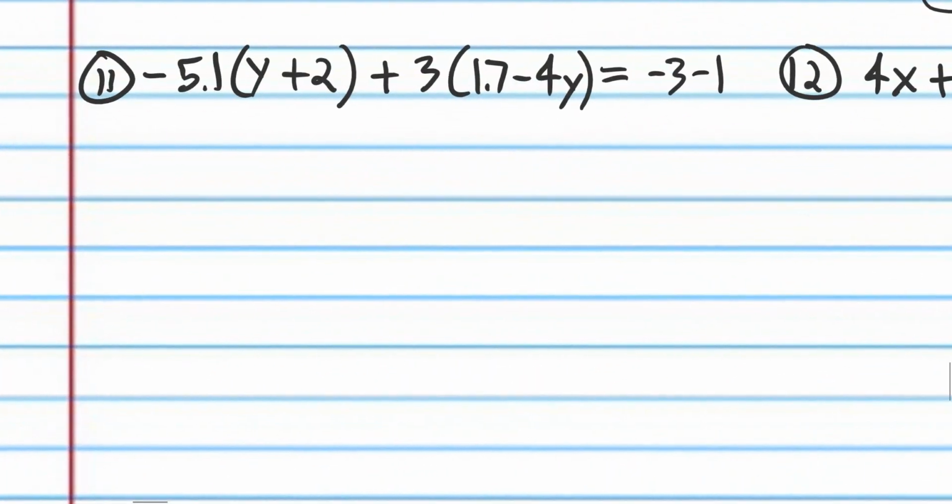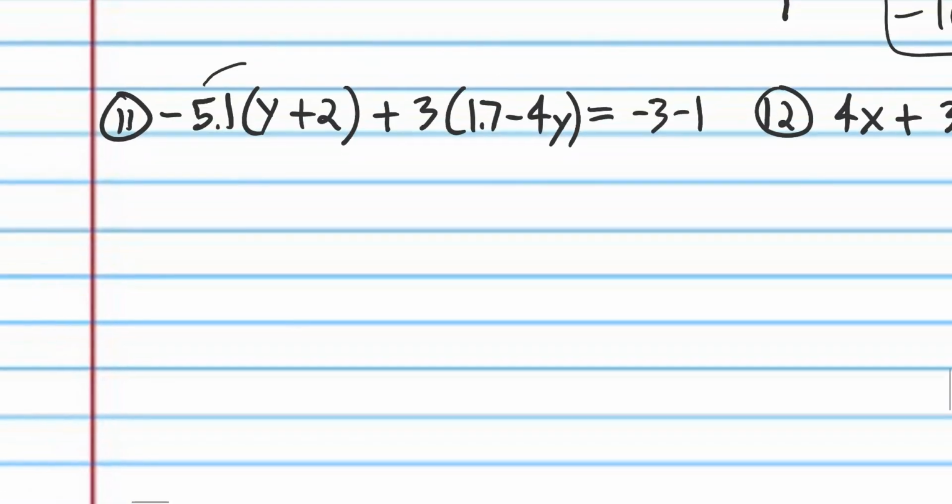The first step when solving an equation with parentheses is to get rid of those parentheses using the distributive rule. So we're going to distribute the -5.1 to both these numbers. So -5.1 times y is -5.1y, and -5.1 times 2 is, we can probably do that in our head, that's going to be -10.2.